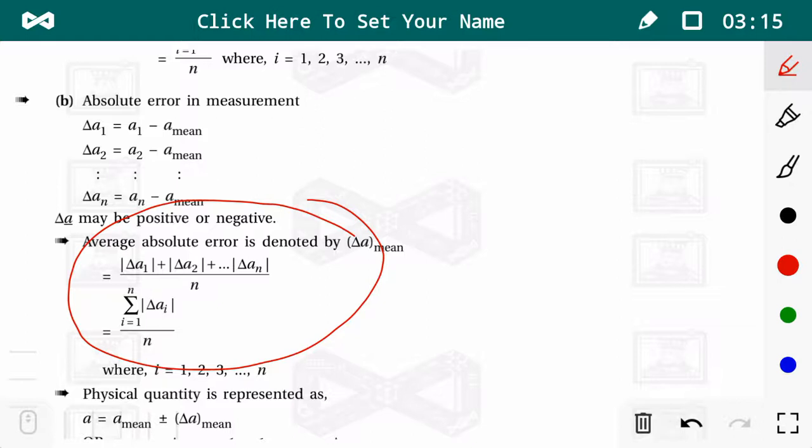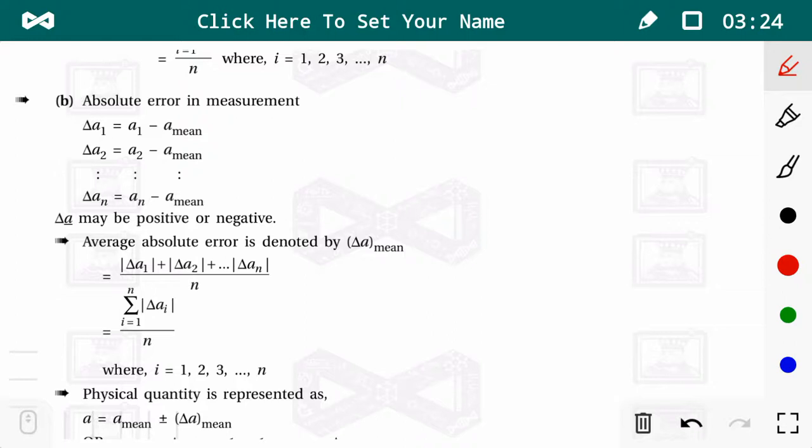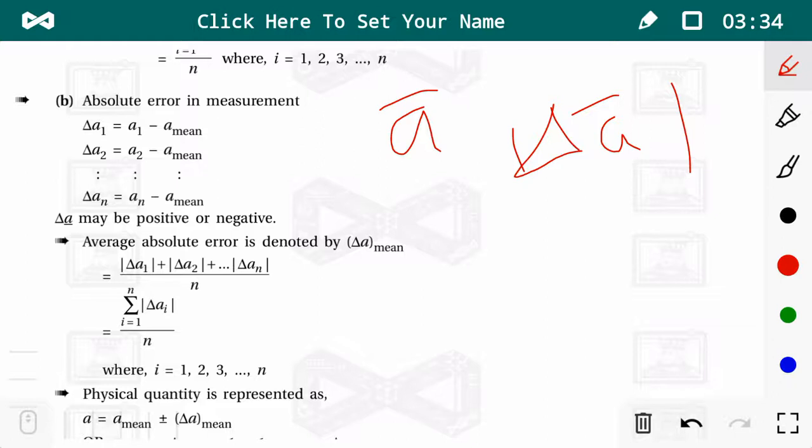So your average absolute error is always positive. Now you have two values: first, A bar, the average of the observations, and second, delta A bar in mode.